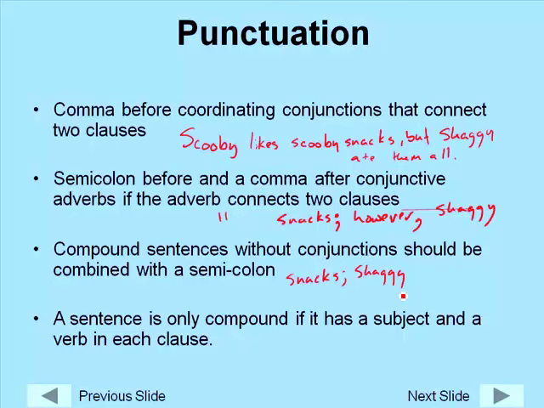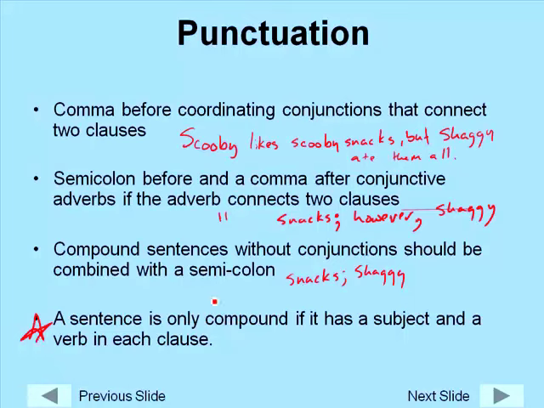Again, keep in mind that a sentence is only compound if it has a subject and a verb in each clause. So as you're starting to work through some of the exercises, particularly in 9b, there are several of those where we have actually a simple sentence with one subject and two verbs. So just because we have the word "and" there, it doesn't mean that we're connecting two sentences.